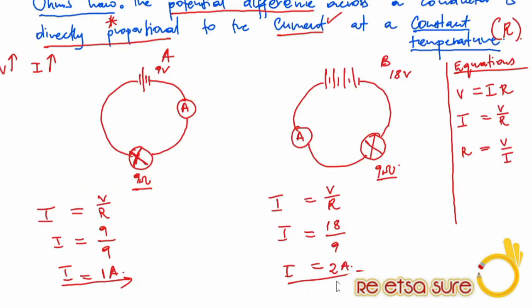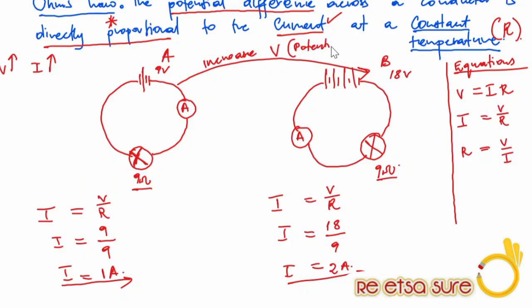What is happening here? From circuit A to circuit B, what happened? We increased V, which is the potential difference.